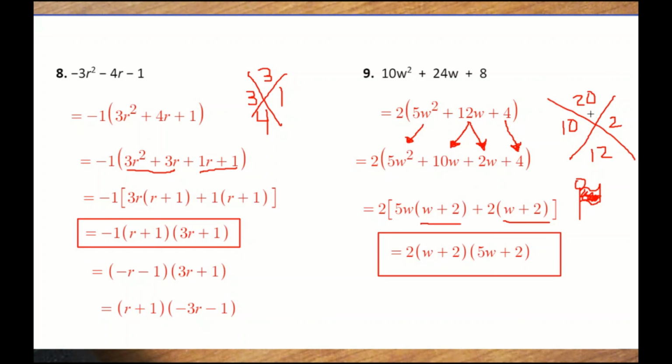Okay, you're still going to use this big X, just in a slightly different context. Remember that you're going to multiply the first and last terms to get this top number. So it's not just about that last number like it was when A was 1. Technically you're doing the same thing on both. It's just that if A is 1, it doesn't really affect it, so I didn't really mention it. But just keep in mind that is where that top number is coming from.